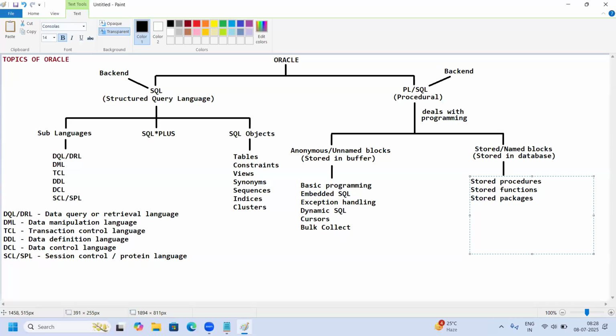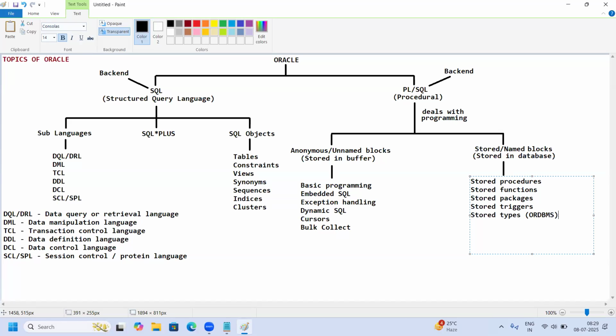So stored packages is a combination of stored procedures and stored functions. Then we learn about stored triggers. And finally, we learn about stored types, which cover a part of ORDBMS.